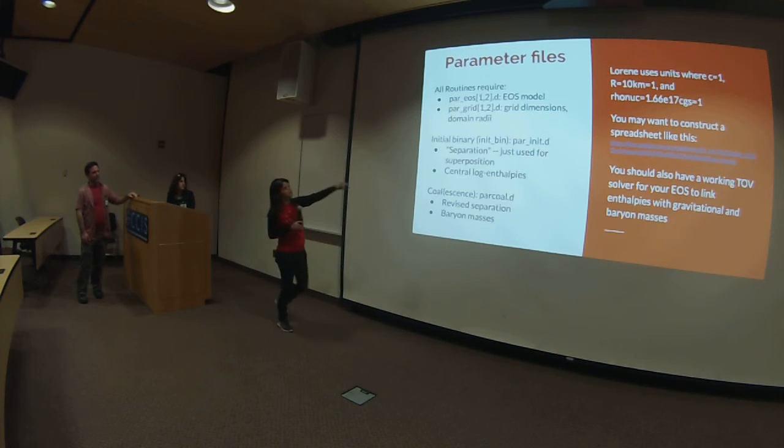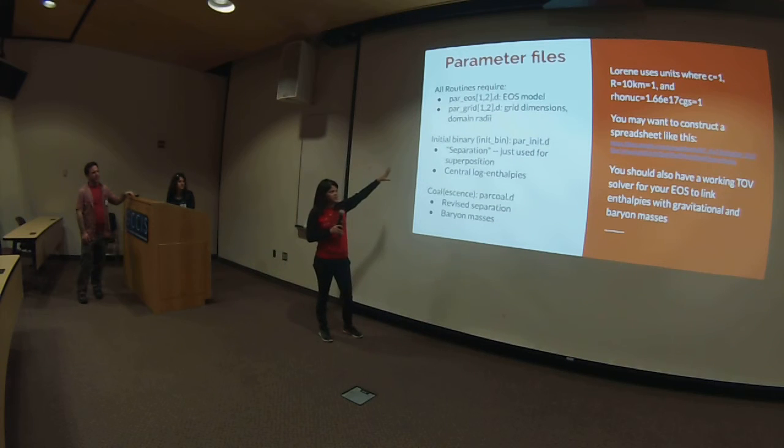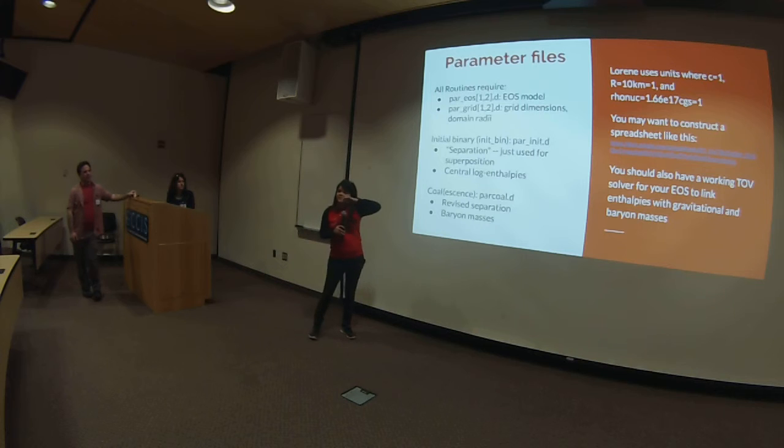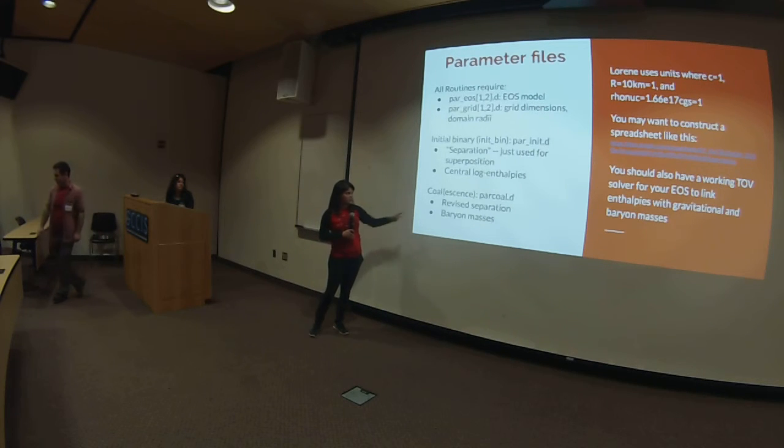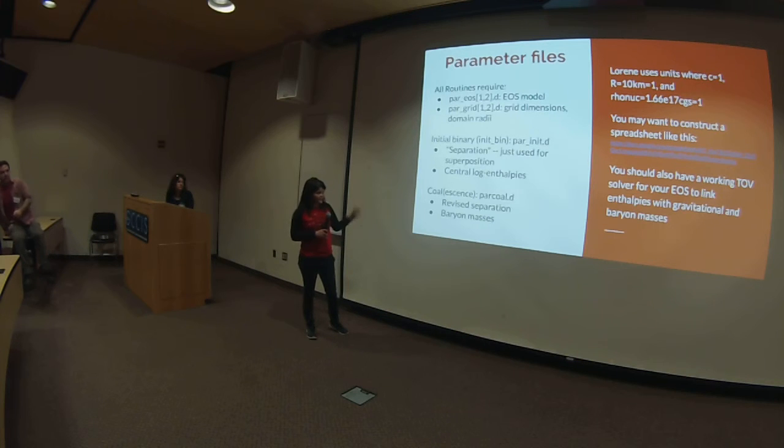Sorry, I forgot to mention in par init you need this separation, which is just used for superposition. And the enthalpy that you mention is the logarithm of the enthalpy that we use. So after running init bin, you have to run the coal sequence, which is the coalescing. And for that, you need the parcoal.d file.